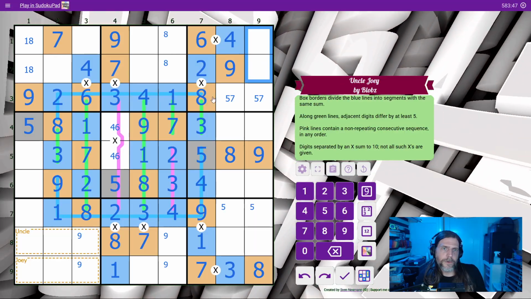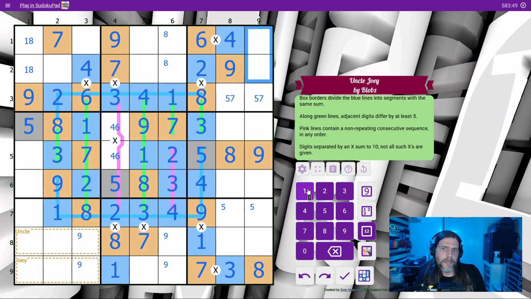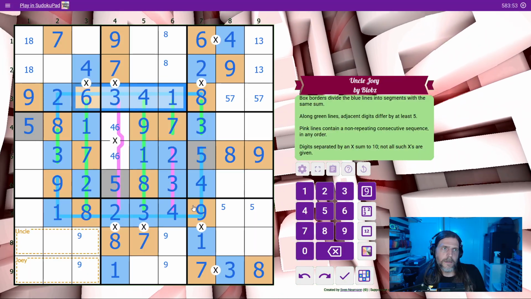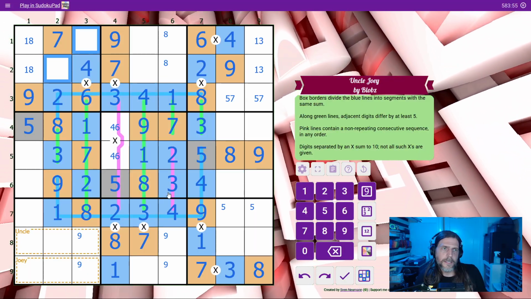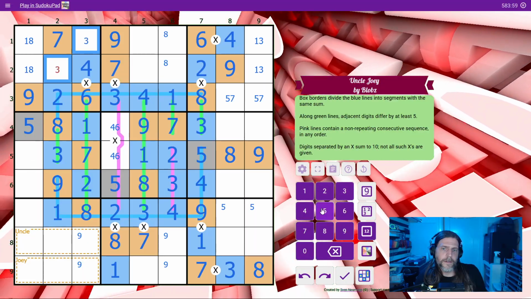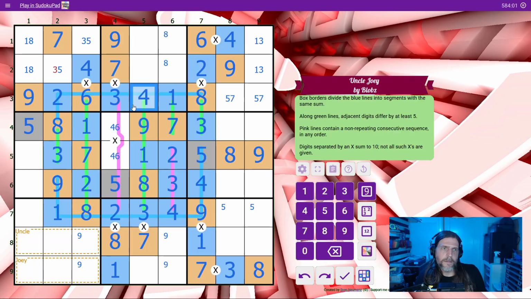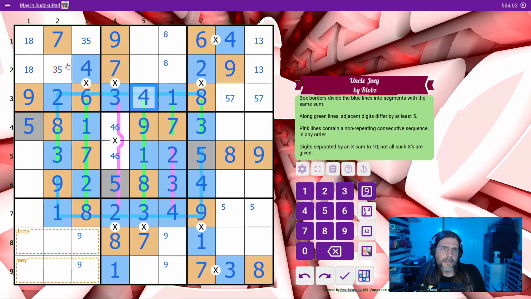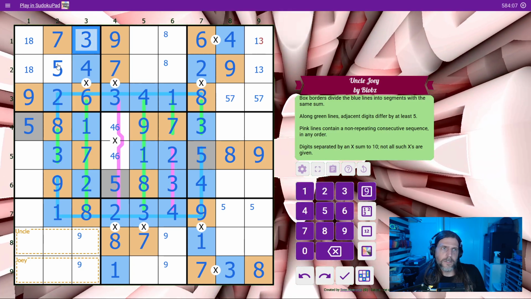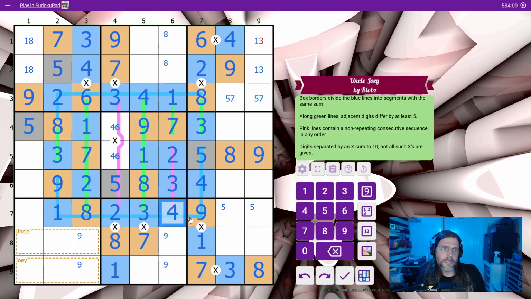We need 1 and 3 in there. And 3, 5 in here. The 3 is seen, so the 5 is placed, the 3 is placed, which is low, middly.